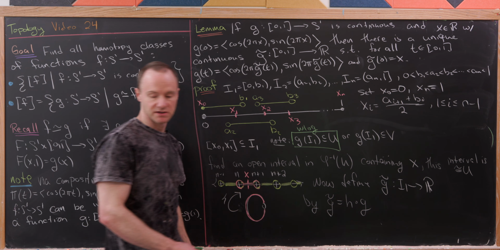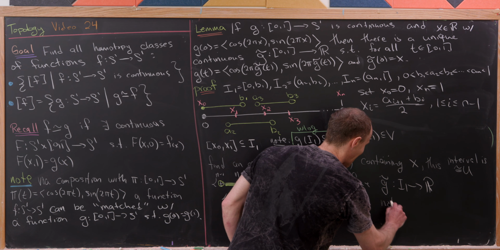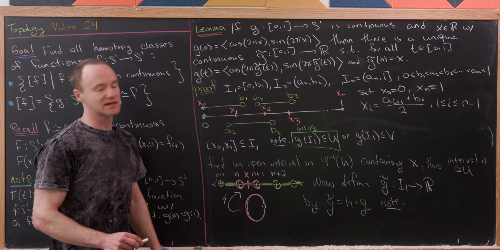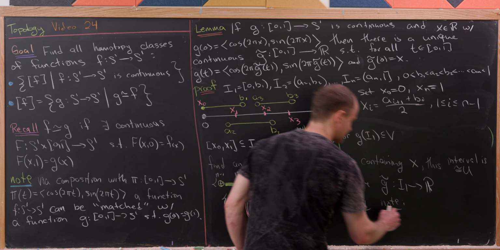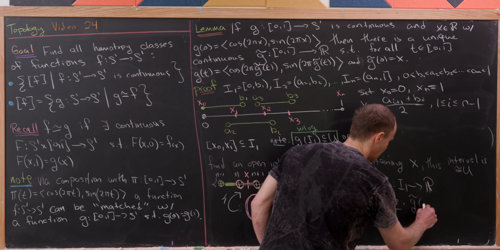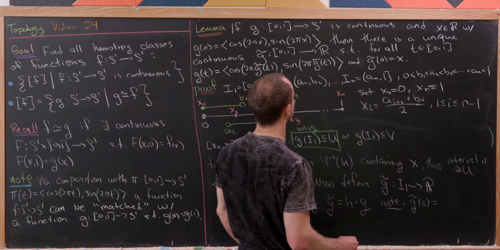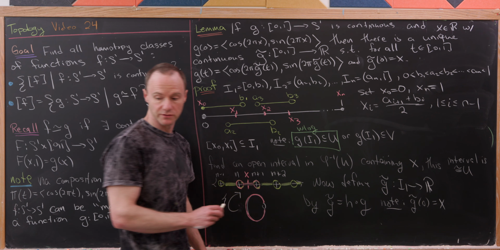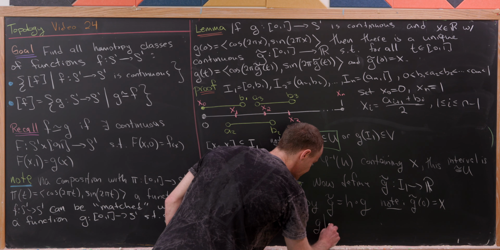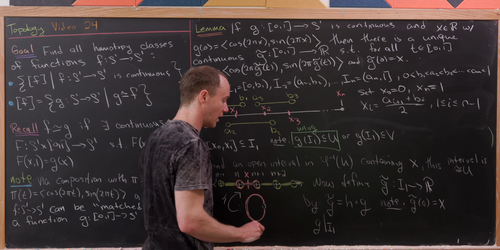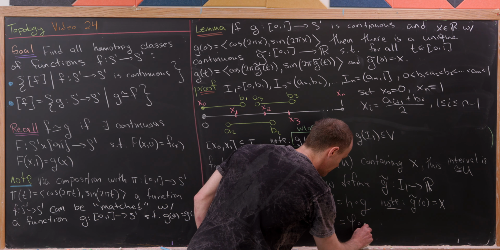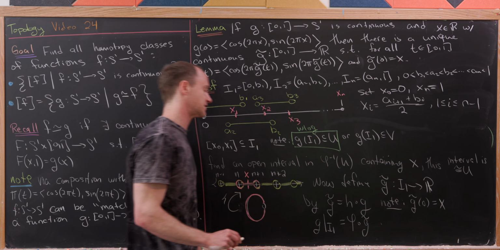Okay, nice. So now by construction, we have our first thing that we need: G tilde of 0 equals x, as we need. And then let's also note that we have G restricted to I1 is equal to phi composed with G tilde.